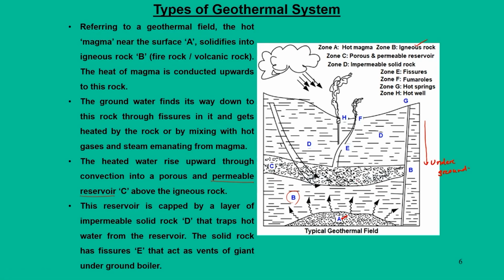Whatever water comes out from the earth crust tries to be stored in this belt, which we call the permeable reservoir. But this permeable reservoir is also capped by another area, called solid rock. So, B is igneous rock, that is fire rock, and D is nothing but heat rock or solid rock that is also hot.